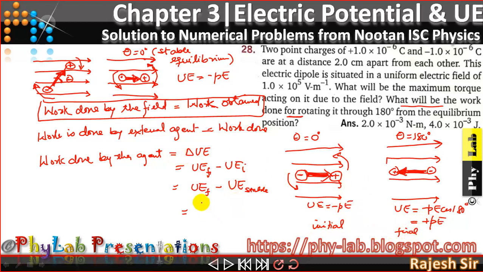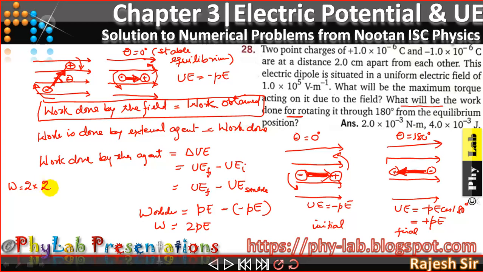So what is the final potential energy? That is PE. What is my initial potential energy? That is minus PE. So what is the work done? The work done in this situation becomes equal to 2PE. Is that clear? So let's substitute that. Work done is equal to 2 into the dipole moment.